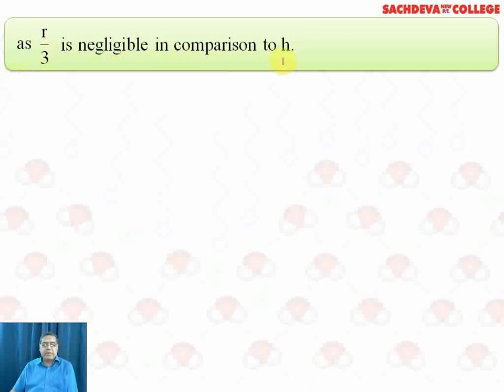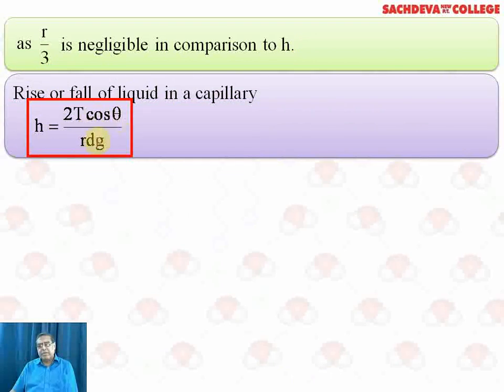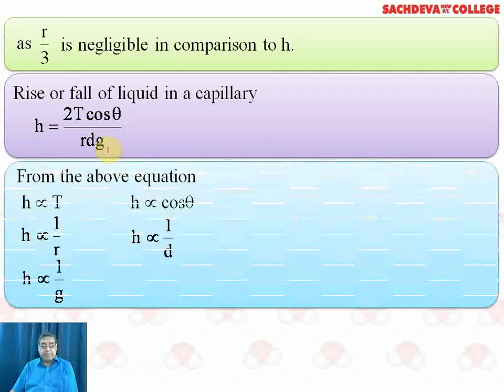This is what I have explained earlier. The rise or fall of the liquid in a capillary is given by the formula h = 2T cos theta divided by R d g, where T is the surface tension, theta is the angle of contact, R is the radius of the tube, d is the density of the liquid, and g is the acceleration due to gravity.